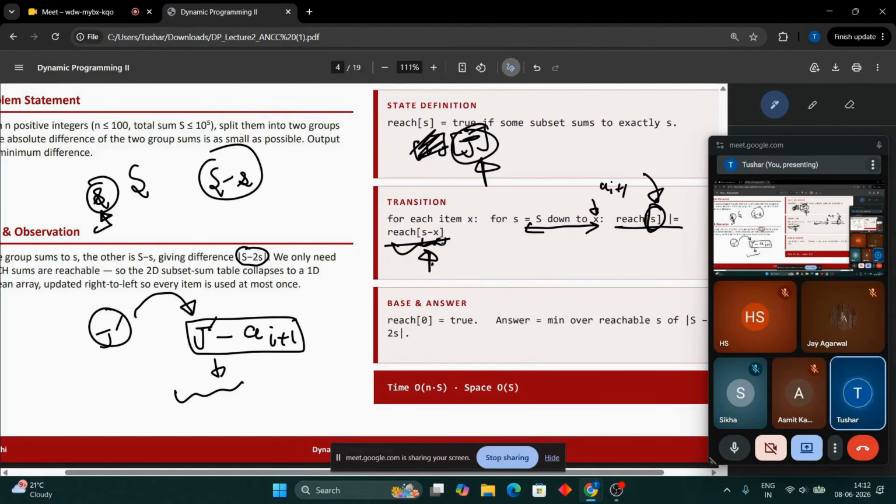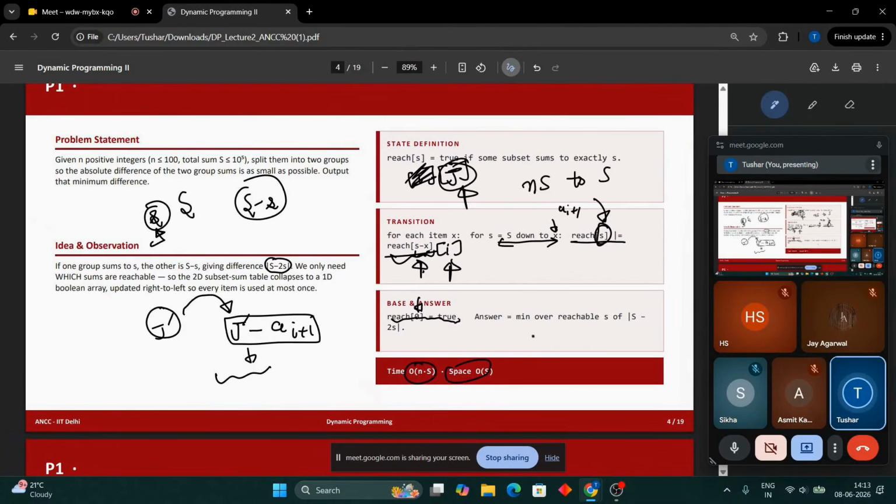So it stores the information for the time when we have processed the i numbers. In this way, we reduce our state from n times s to just s. Space is s and time is n times s. Our base case is that an empty subset has zero sum, so reachable[0] is true. At the end, we minimize our answer, which is the difference of the sums of the two groups, |S - 2s|, over all the reachable s.